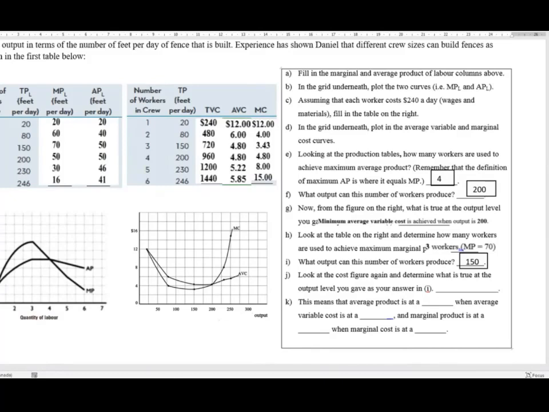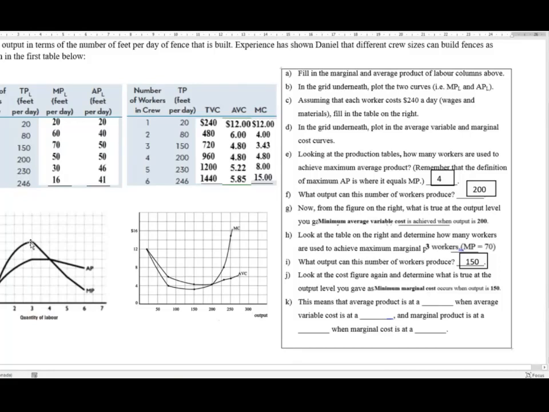Is something else at its minimum? Marginal cost is at its minimum. So if we look here, marginal cost is at its minimum right here at 150. And that corresponds to 3 units of output, right? 150 corresponds to 3 workers. And then we know from this diagram here that at 3 workers, we have the maximum marginal product.